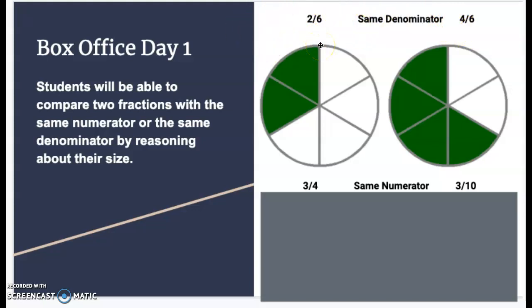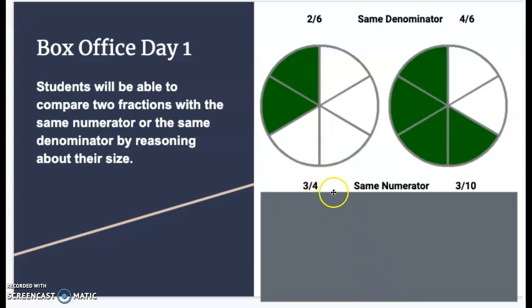Now, if we want to think about comparing fractions with the same numerator, let's take a look at these two fractions, 3/4 and 3/10. We know that the numerator is 3 because it's the number on top. So we have 3/4 and 3/10. Now, the denominator is the number of pieces that the whole is broken into.